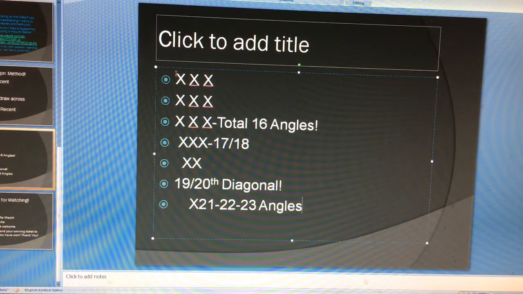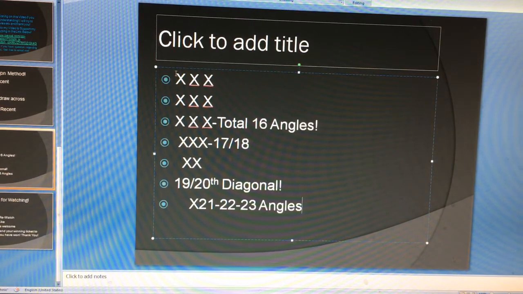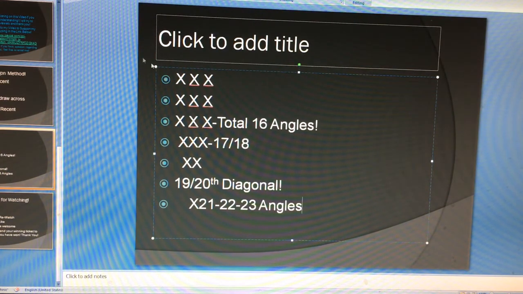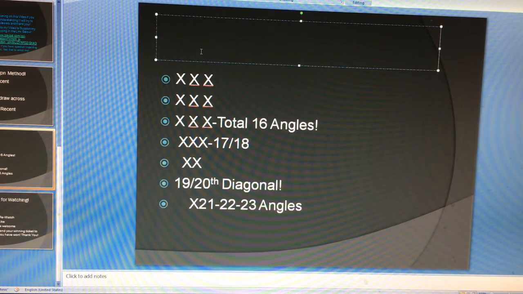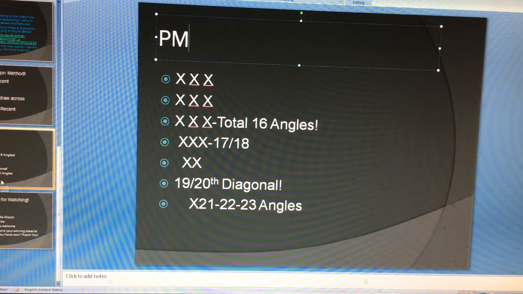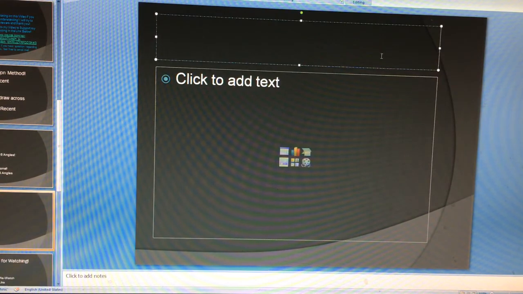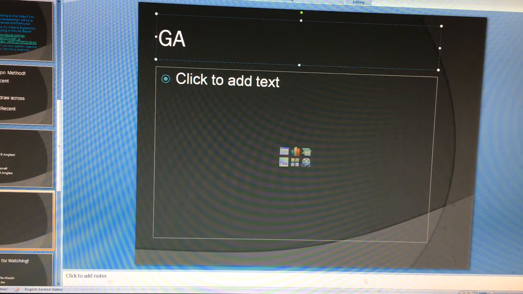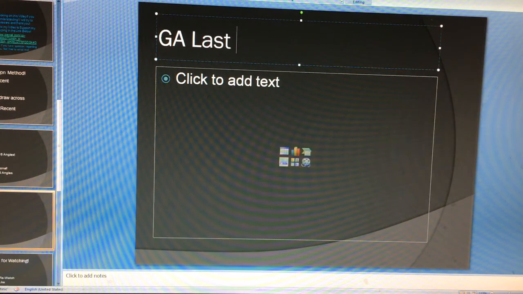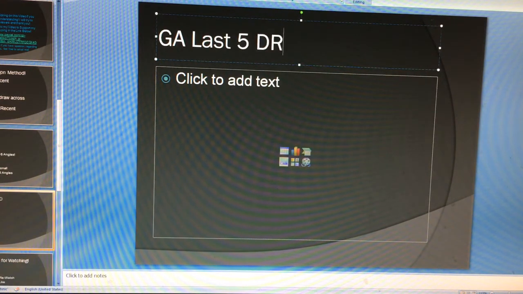That's your Pentagon method. Now I'm going to do one simple step to show you the Pentagon method. PM for Pentagon method. And let's look at the Georgia last 5 draws.